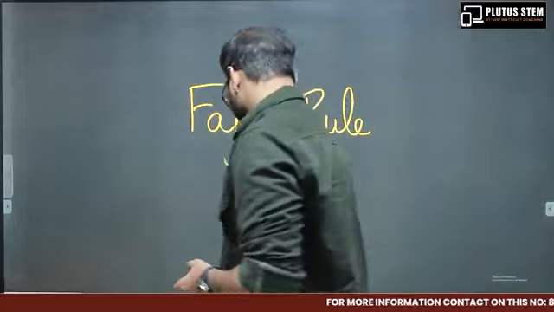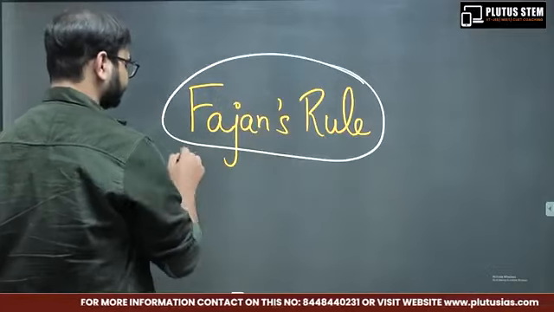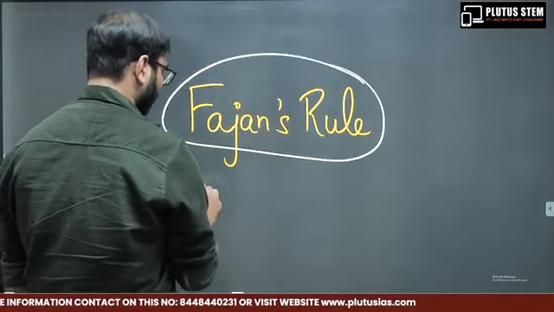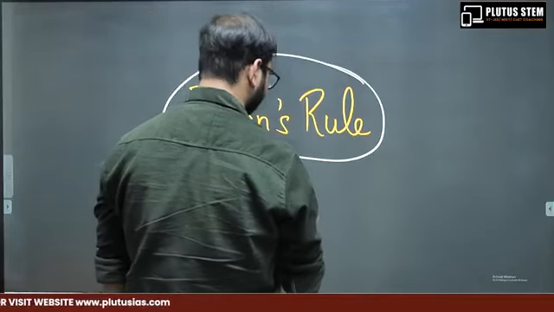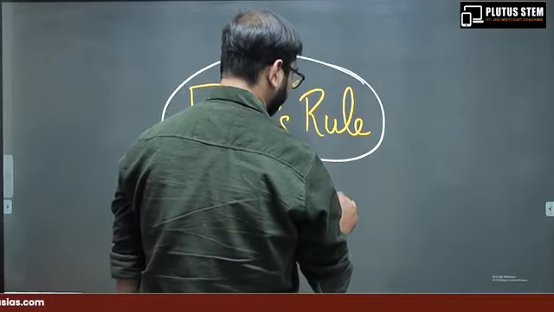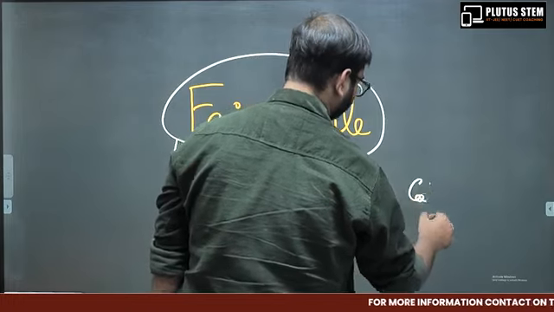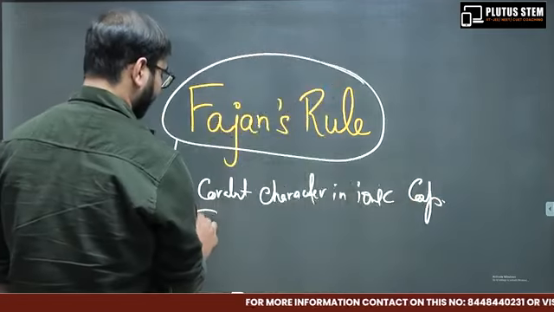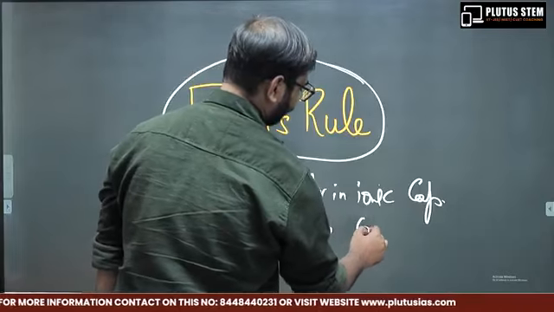So, first thing, Fajan's rules are used to explain the covalent character in ionic compounds, and ionic character in covalent compounds.